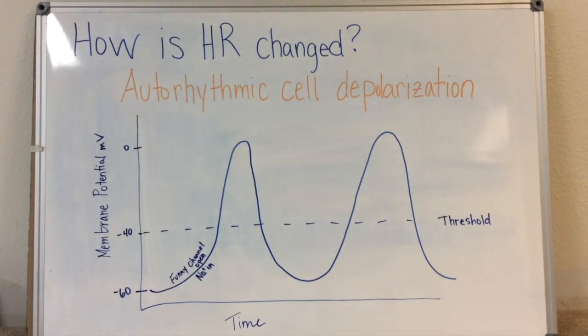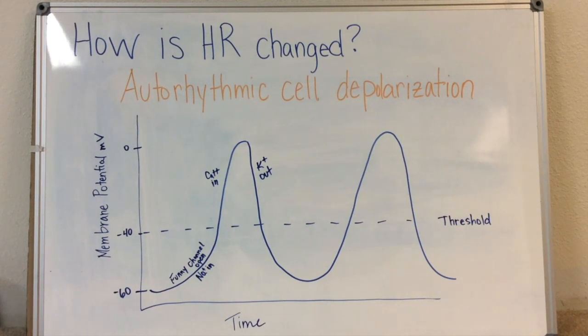Once threshold is reached, the funny channels close and calcium channels open to generate the action potential. Once peak membrane potential is reached, the calcium channels close and potassium channels open, allowing potassium to flood out of the cell. This drops the membrane potential back to -60.